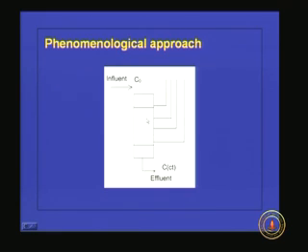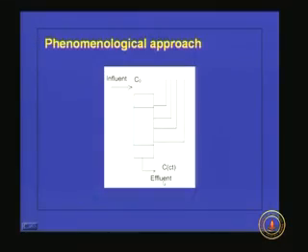Filter media depth varies from 0.6 to 0.75 meters, and you will have a gravel bed and an underdrainage system to collect the treated water. Whenever it is required to backwash the filter, we can backwash using this underdrainage system, and this is the effluent. So, initial turbidity is C0 and this is the turbidity C at any time T.